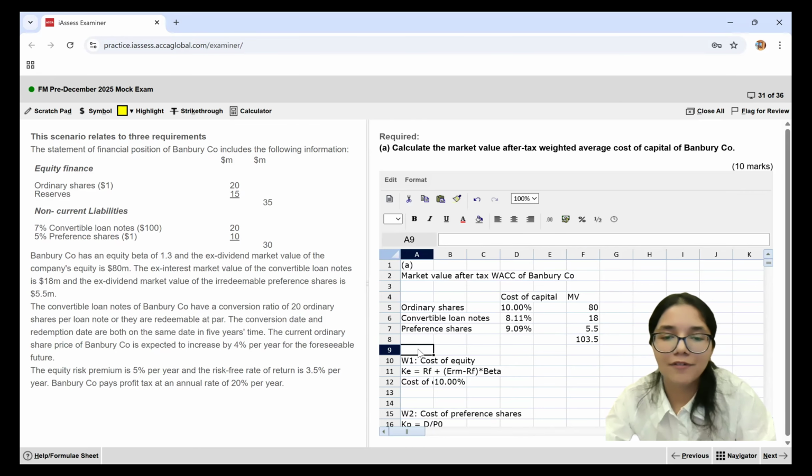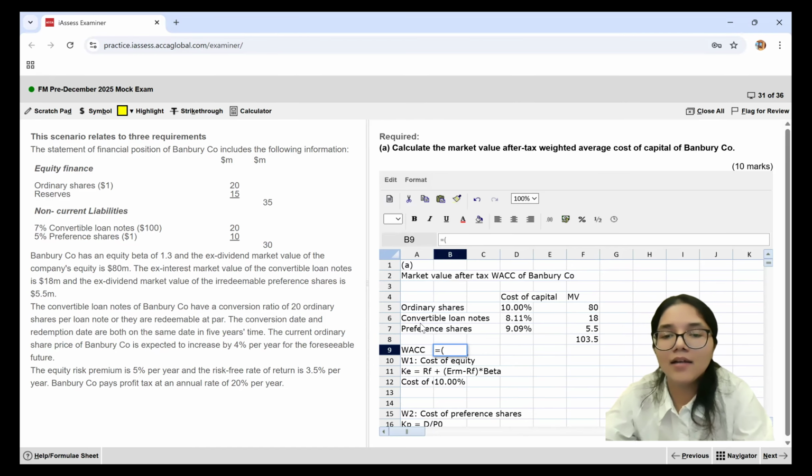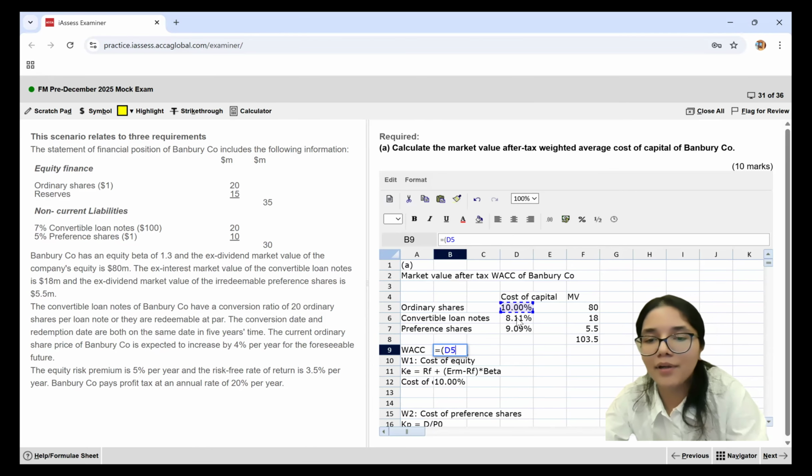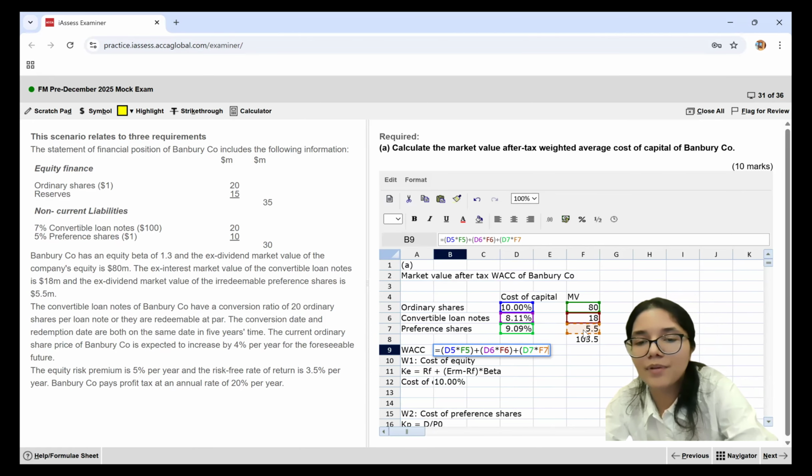Now finding out the WACC of the company, the final answer will be equal to the proportion of capital multiplied by the cost of the capital. This is the first part. Second part, I want to take the convertible loan notes cost into the value of the loan notes, plus the cost of the preference shares into the market value of the preference shares.